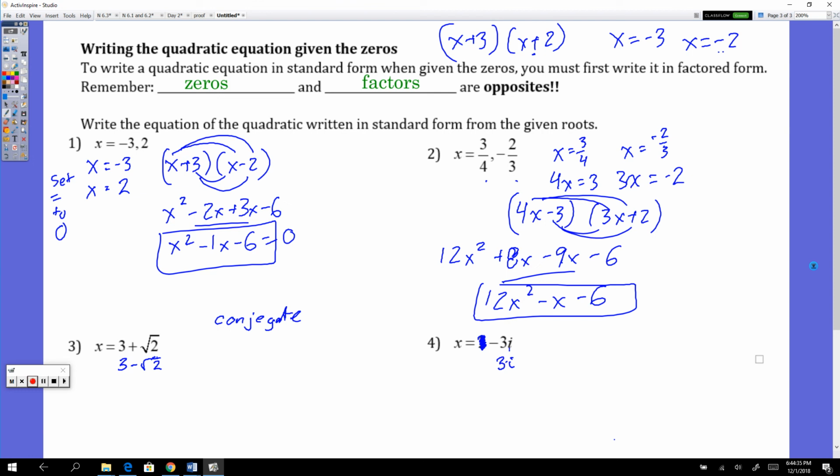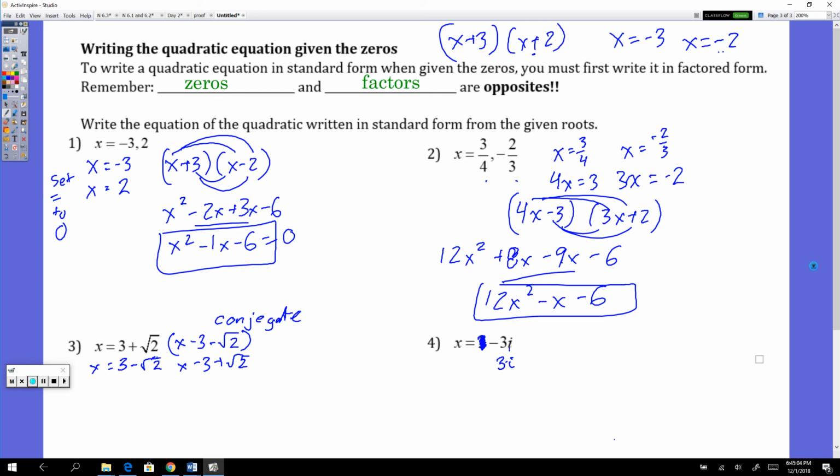So for this first one, this would come out to be x minus 3 minus square root of 2. So this one's going to look a little weird. We're going to end up distributing 3 parts instead of 2. This factor here, imagine again this was set equal to x. This is going to be x minus 3 plus square root of 2.